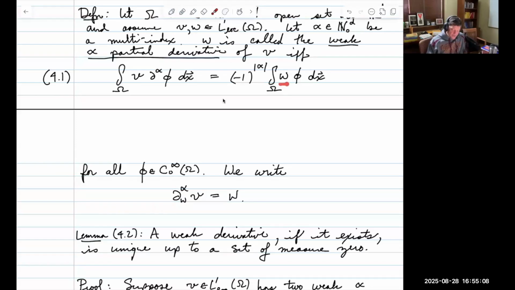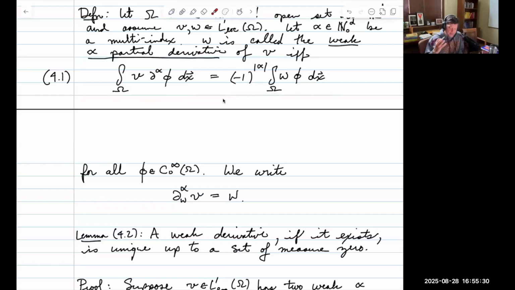And then the other function you get when you do the integration by parts is exactly the partial derivative of v of order alpha. I suppose an example will be helpful, and I'll show you an example momentarily. But this is just multidimensional integration by parts.